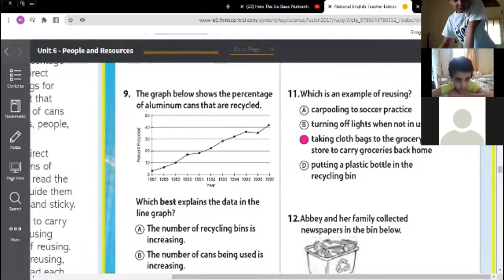So we have to replace this kind of plastic bag and take cloth bags, made from cloth like your T-shirt, to the grocery store to carry groceries back home.